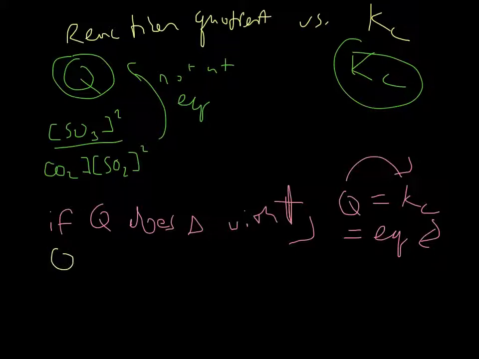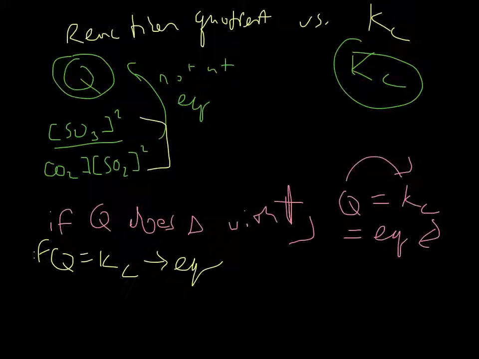Number 2, very related: if Q equals Kc, it is in equilibrium. Q is the value given to the equilibrium expression when you're not 100% certain that it is in equilibrium. But if it equals Kc, then it is in equilibrium.